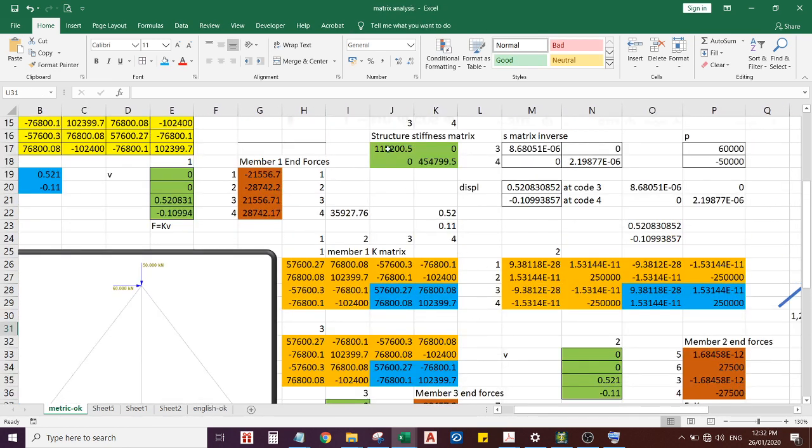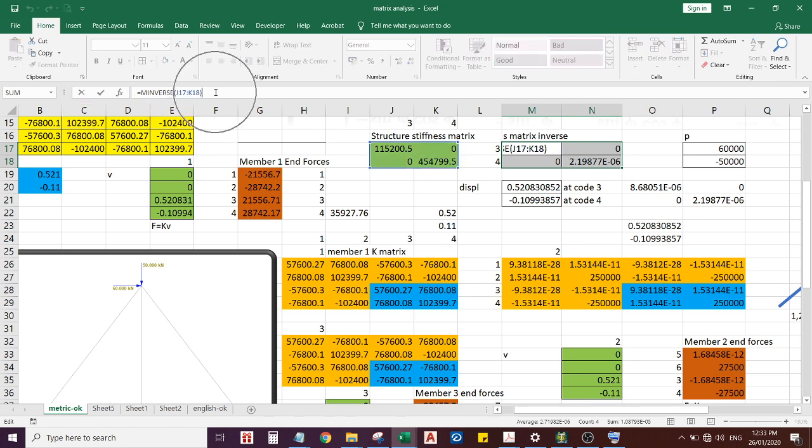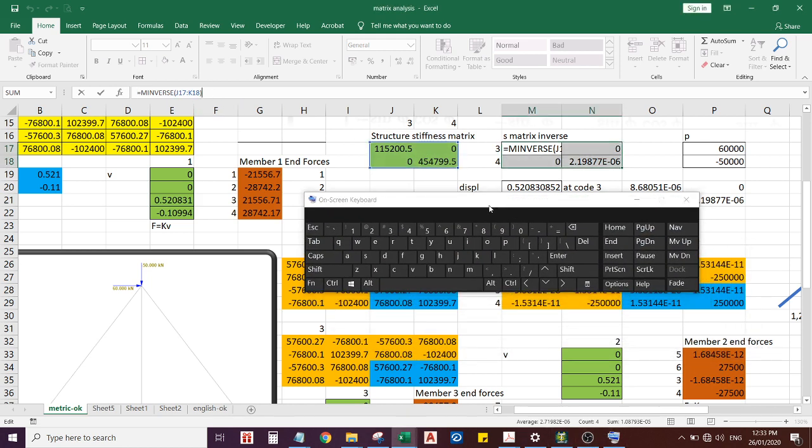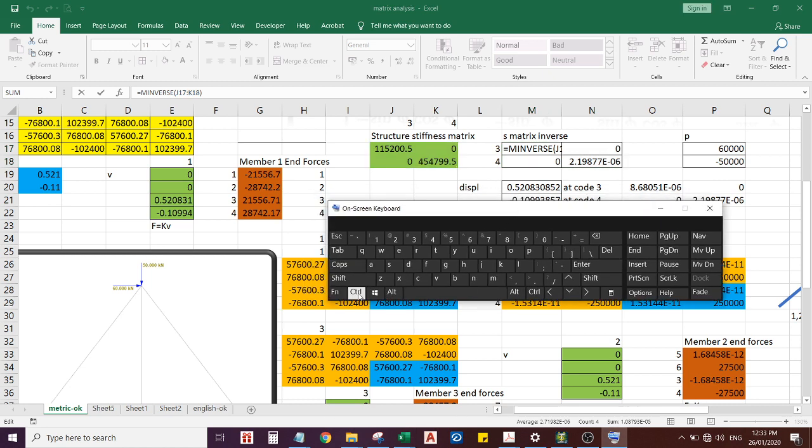So once we establish the S matrix, we need to get its inverse. The formula is MINVERSE. First you need to establish a 2 by 2 array or matrix. So I'll select this one, then type in inverse, open parenthesis, select the S matrix, close parenthesis, and then take note, you should press Control Shift Enter.